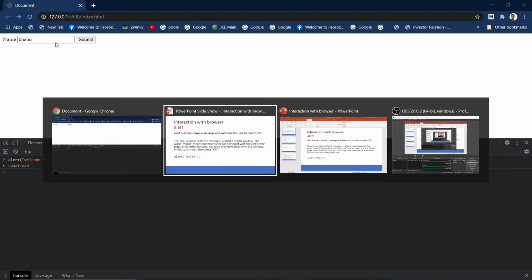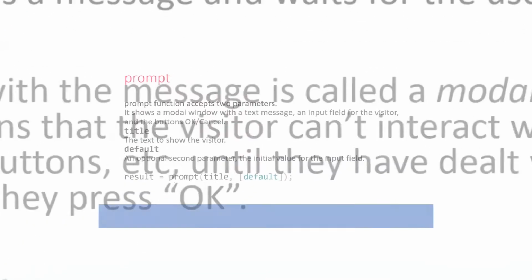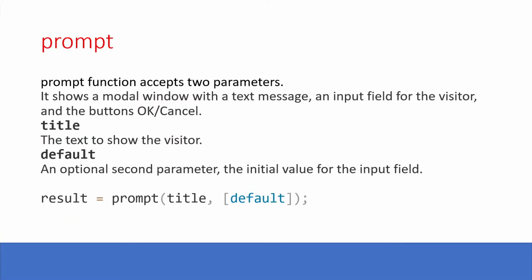Okay, now let's get back to our functions, and let's see the next function, which is prompt. The prompt function accepts two parameters. It shows a modal window with a text message and an input field for the visitor, and the buttons OK or cancel. This is the way in which we will use the prompt function.